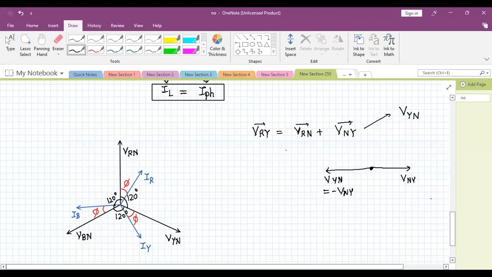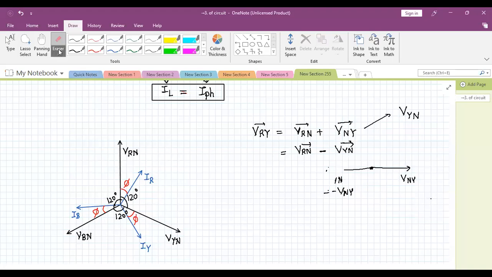So here I can write VRN, and here instead of plus I will put a minus, and it is now VYN. Is it clear to all of you? You know that if you want to make it opposite, then you have to put a minus sign.